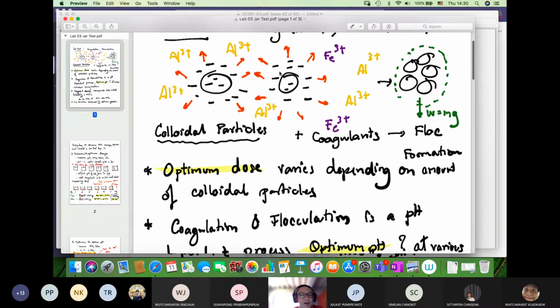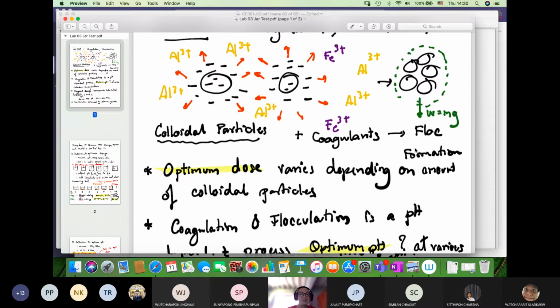The charges are neutralized, and then these particles can get attached to each other, becoming bigger and heavier. The weight is much higher than that of a single particle, as W is equal to mg. This is called a floc. This floc will precipitate in the sedimentation chamber within only a few hours.